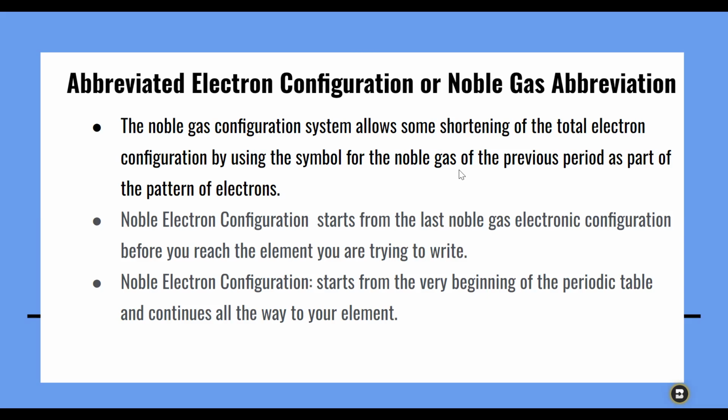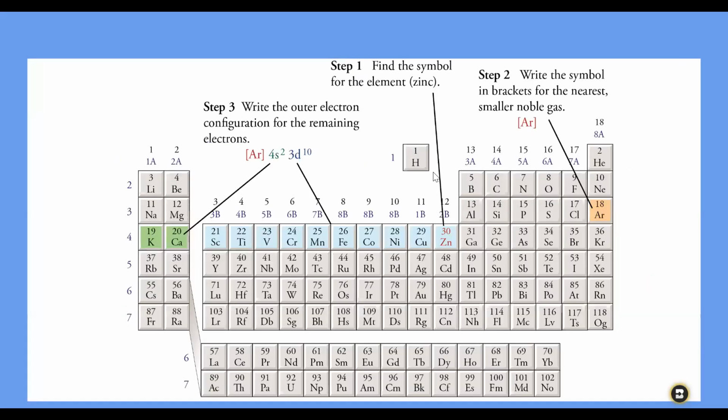But how do you know the noble gas you're starting with? The noble gas is the last noble gas electron configuration before you reach the element you are trying to write. So how do we do this? Let's look at the periodic table. This is the S block. This is the D block. This is the P block.